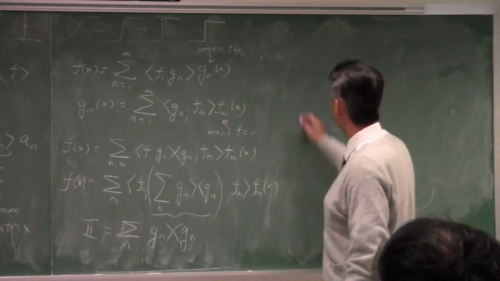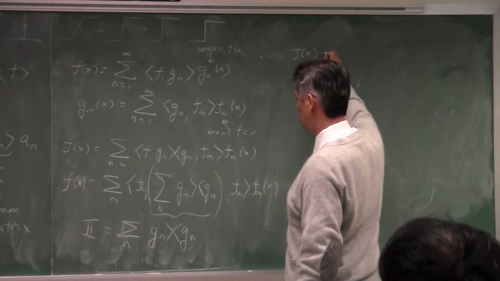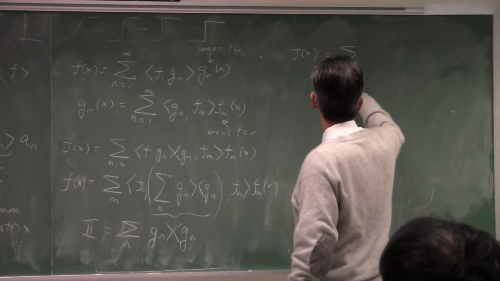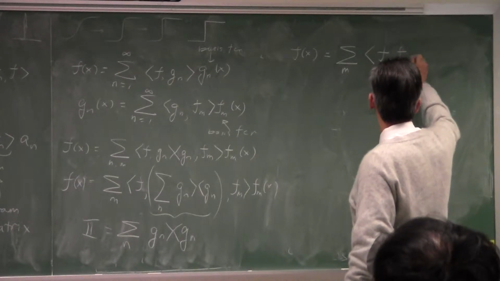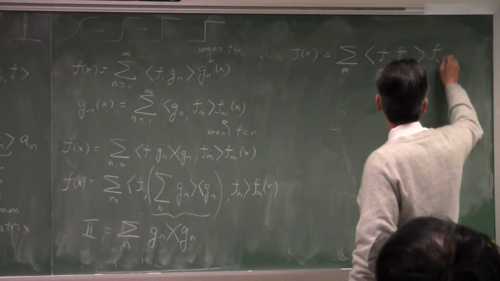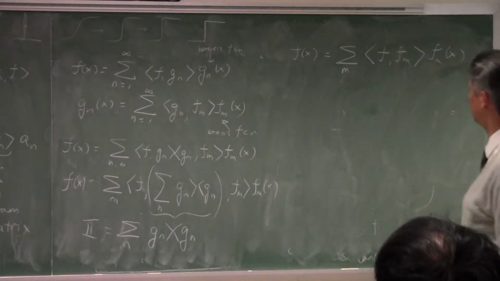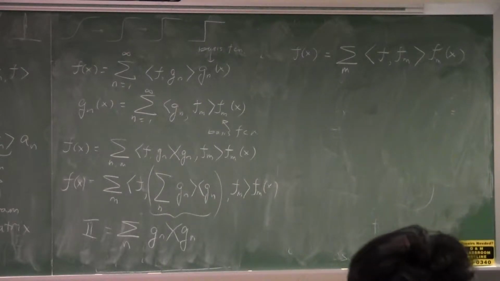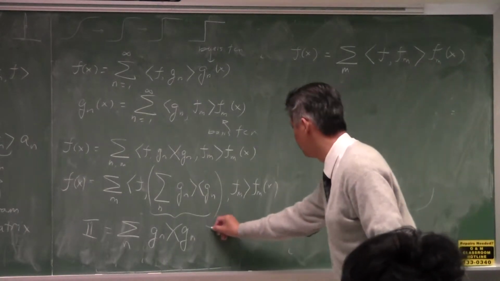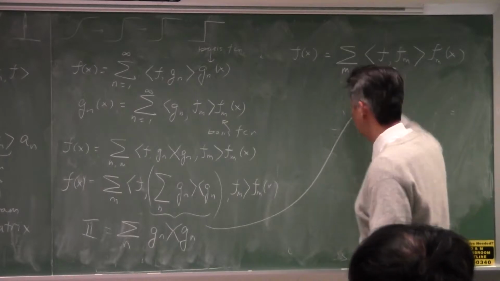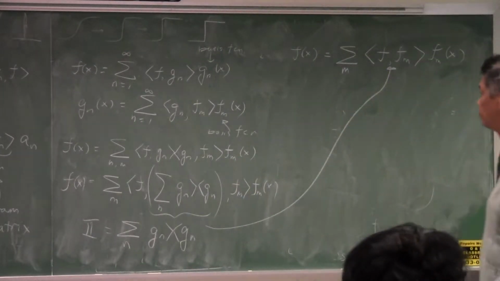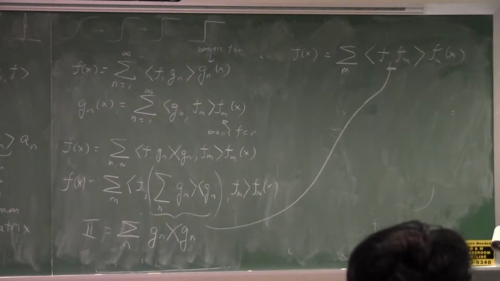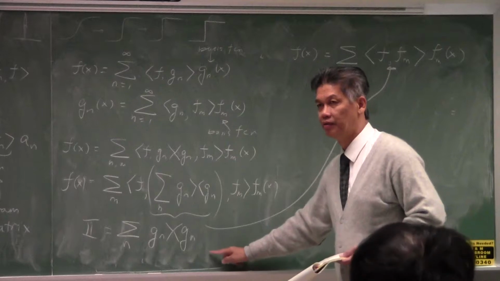No. f of x can always be written as the sum over m of f_m of x. This is just a basis function expansion, right? So if I insert this piece into here, then I get this relationship. So you can think of this as an identity operator.